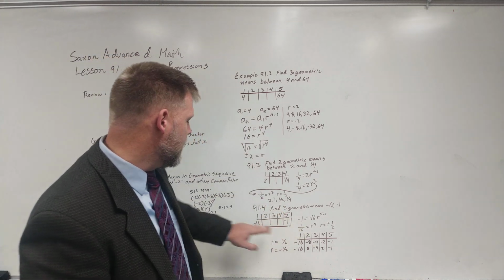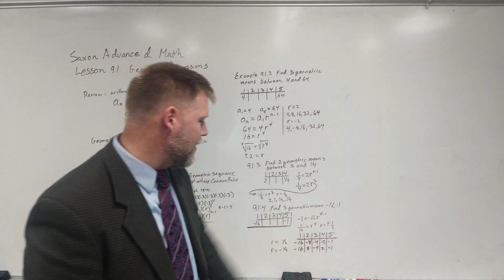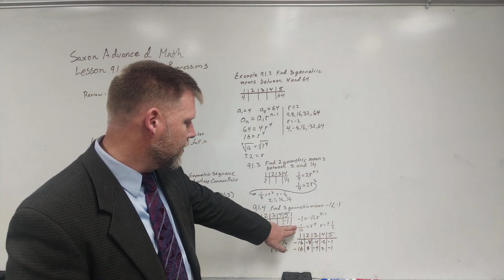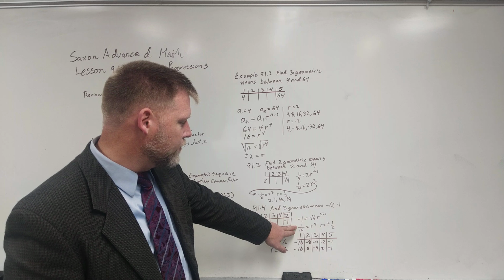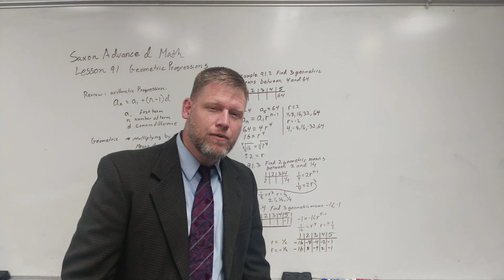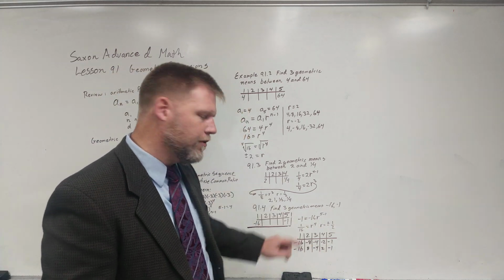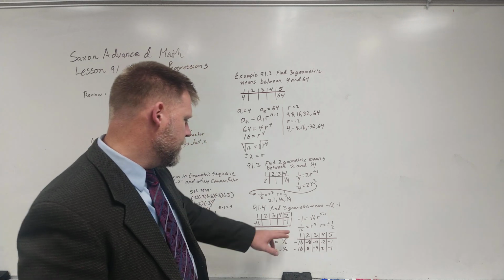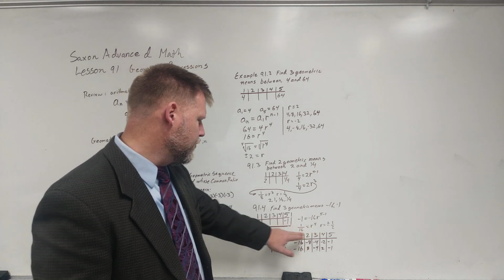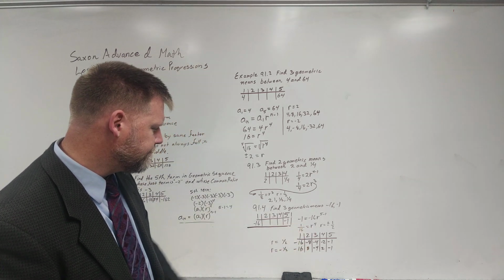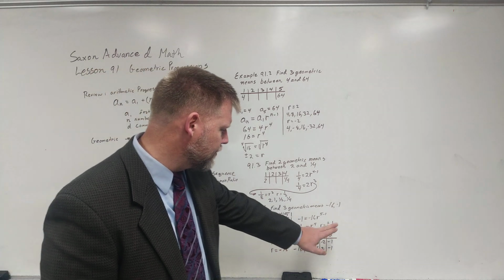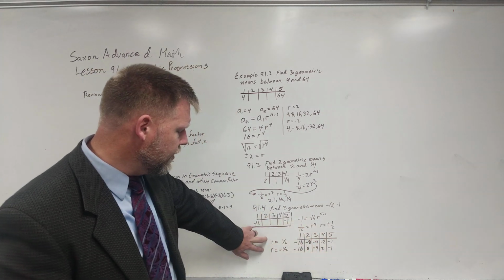Negative 1 equals negative 16 times R to the 5 minus 1, which is 4. Taking the root of both sides, I get R equal to plus or minus 1/2, because the fourth root of 1/16 is 1/2. I have it as plus or minus because either one works, so I need to try both.